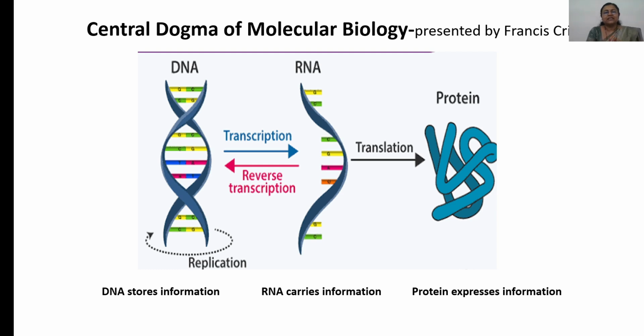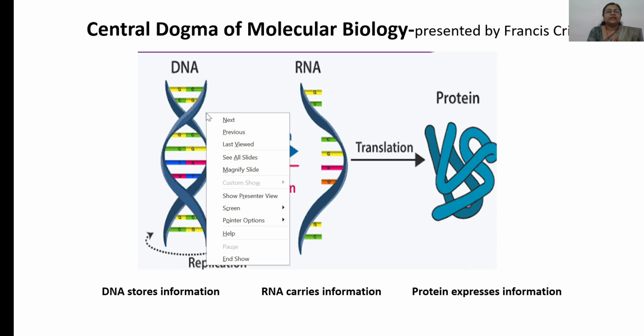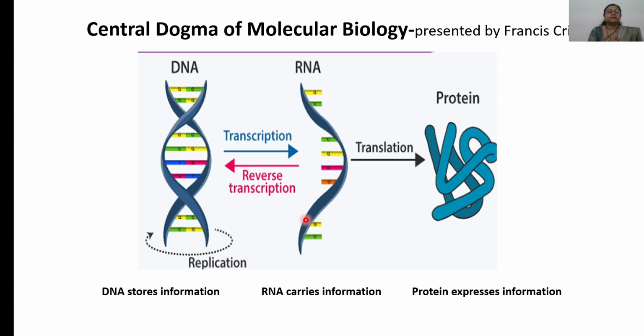So you can see in this image, there is a DNA. Genetic information is stored in the DNA. DNA is transcribed into RNA, and as we know, RNA carries that information; messenger RNA is there.